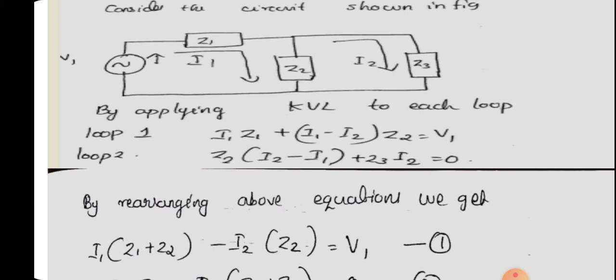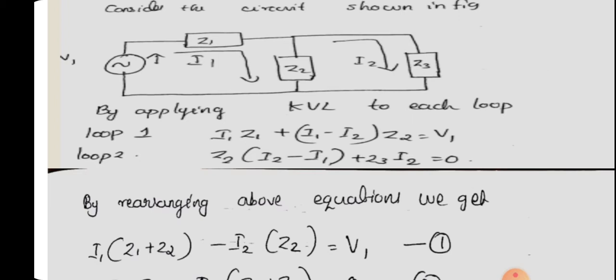Through Z2, I1 is flowing downwards and I2, the other mesh current, is flowing upward, so the net current through Z2 is I1 minus I2. So we can rearrange the equation as I1 Z1 plus (I1 minus I2) into Z2 equal to V1.